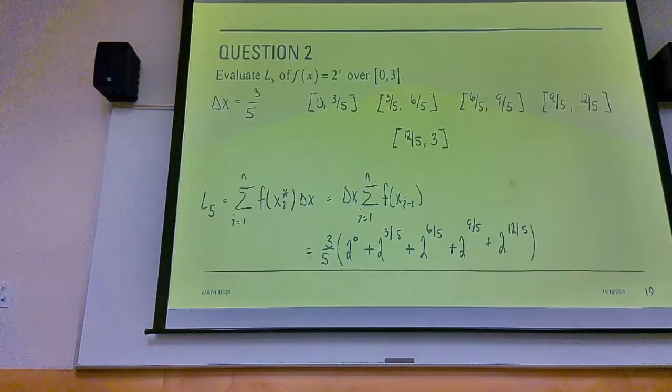I mean, L5 is already an approximation, so we might as well just approximate it. All right. Let's go to, I don't know, 5 decimal places. Okay. So evaluate that to 5 decimal places.